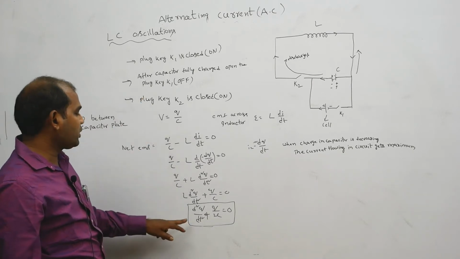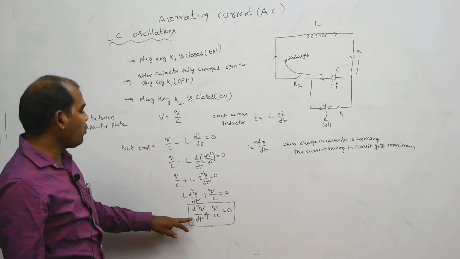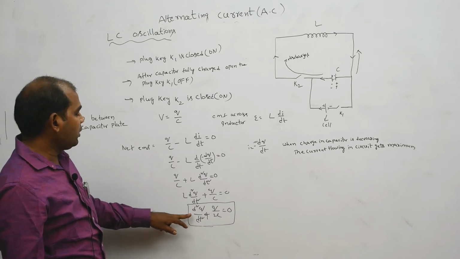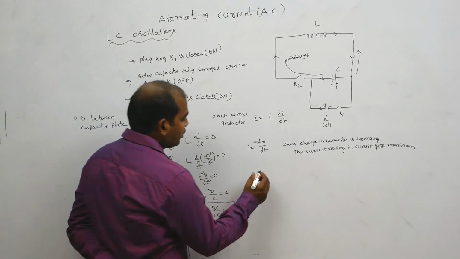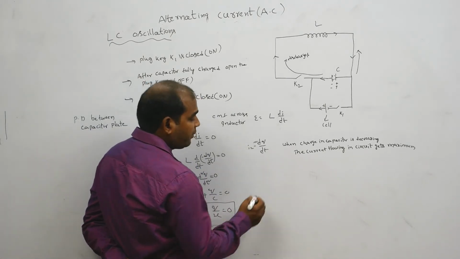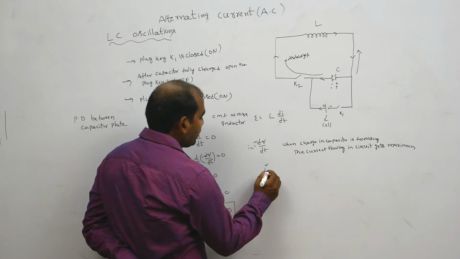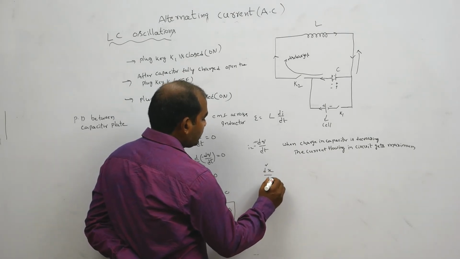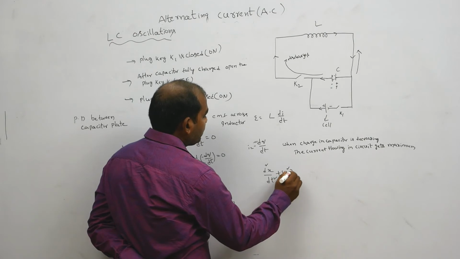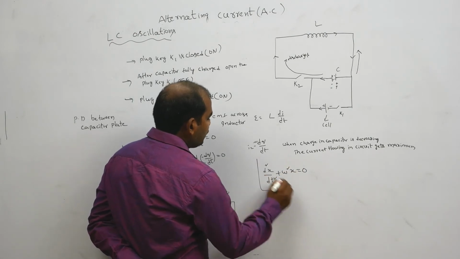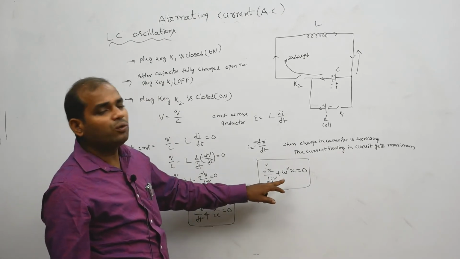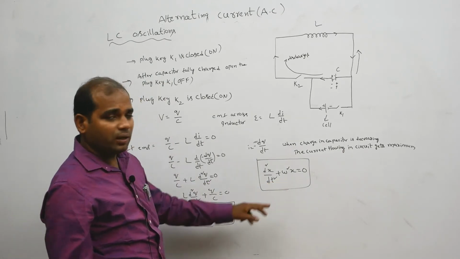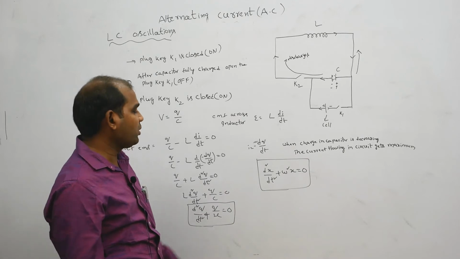What can we conclude? This is a second order differential equation, the same as in simple harmonic motion, where we have d square x by dt square plus omega square x is equal to 0, for a particle in simple harmonic motion.